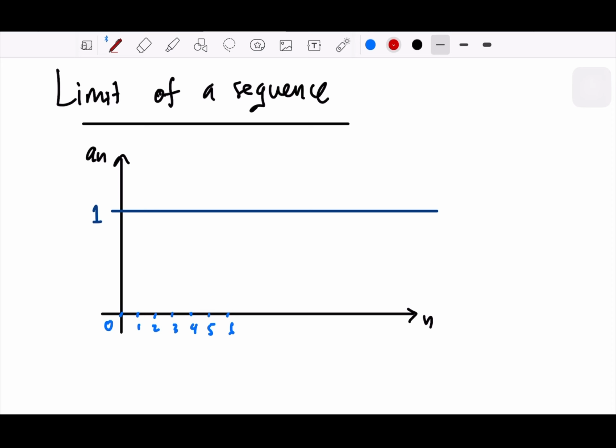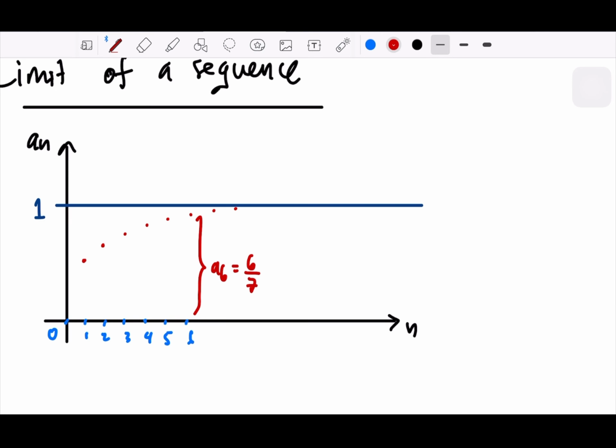For 1 it's half, and 2 is getting closer, closer, closer. And let's say that's 6 over 7. So if you look here, it's similar to what we have done in limit, right?